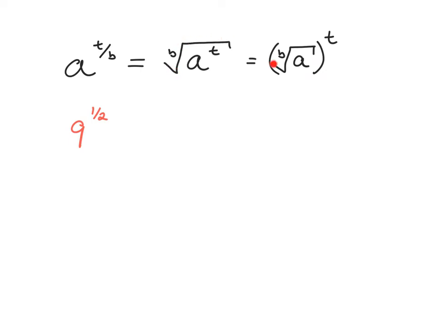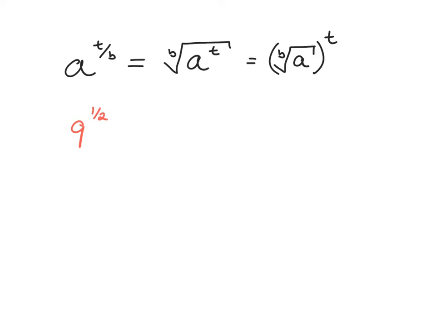Again, the exponent, the top, will become the exponent, the bottom will become the root. So you can think of this as the bth root of a to the t power, or as the bth root of a, all to the t power.